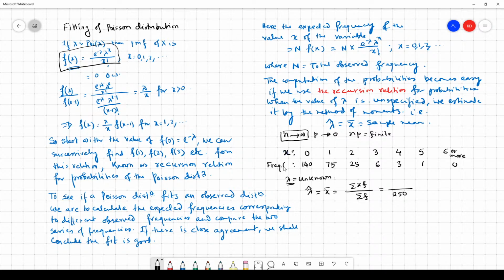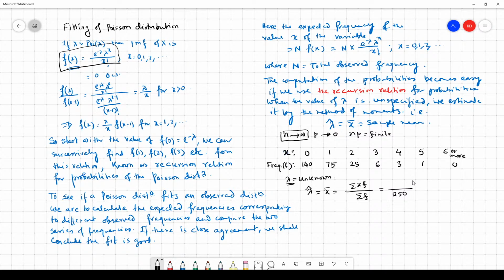I denote the observed frequency by small f. So summation f is nothing but 140 plus 75 plus 25 plus 6 plus 3 plus 1 plus 0. So this gives 250.